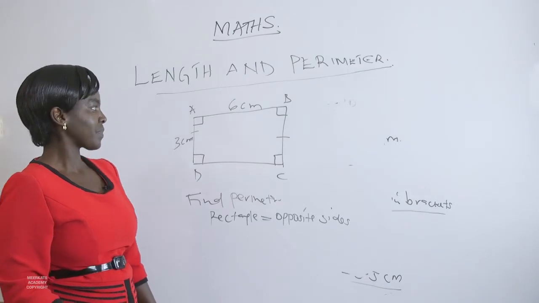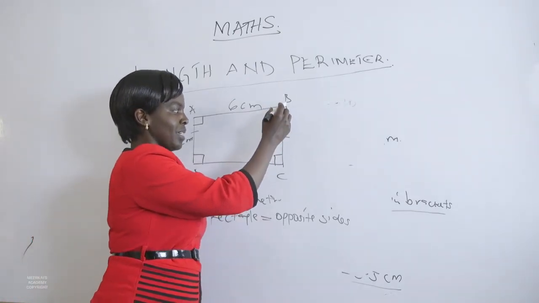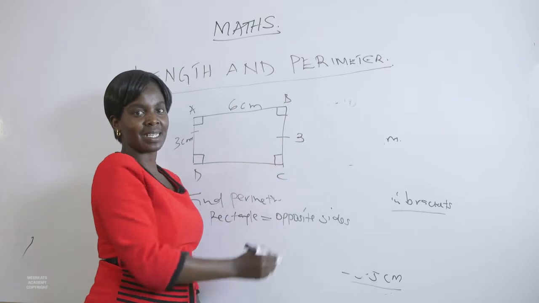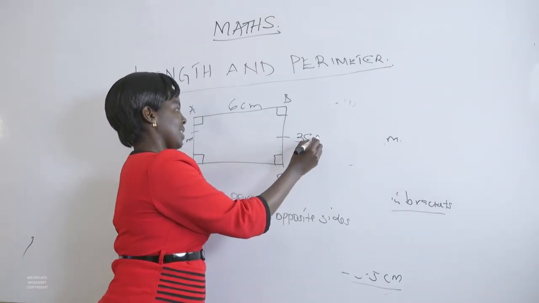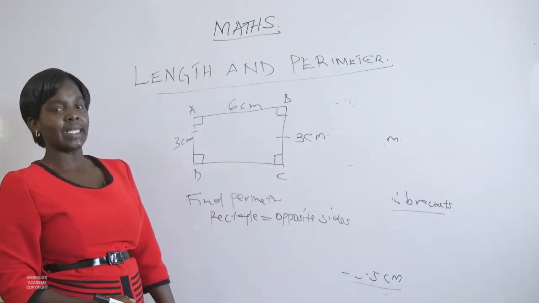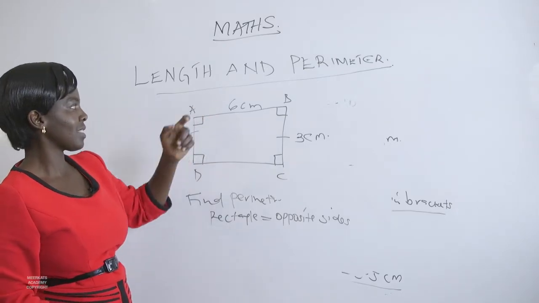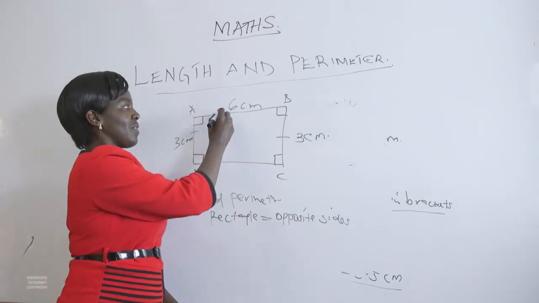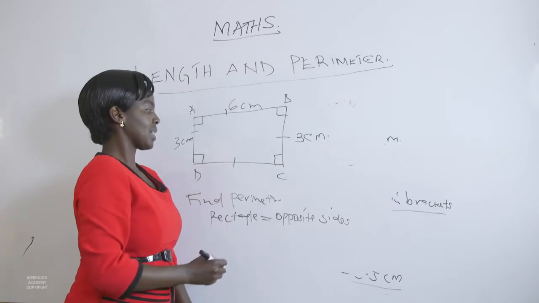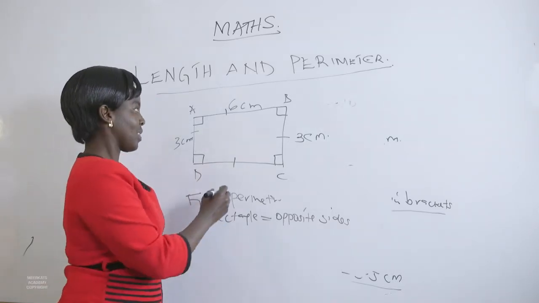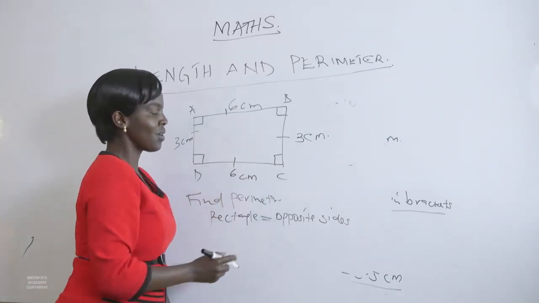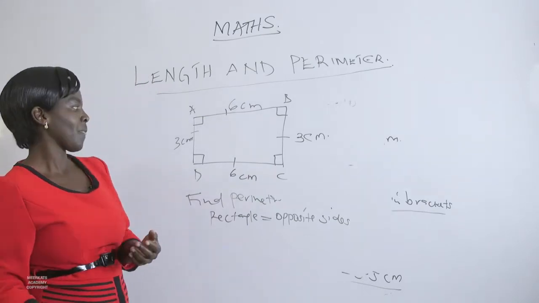So what does that mean? It means that point B to C is also how many centimeters? 3 centimeters. What about point A to B? We are told this is 6 centimeters, and that also refers to point CD. So this side is also 6 centimeters.